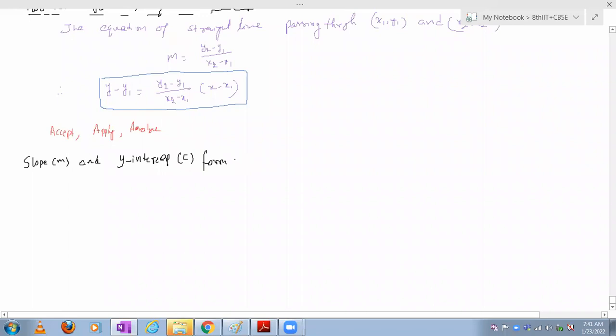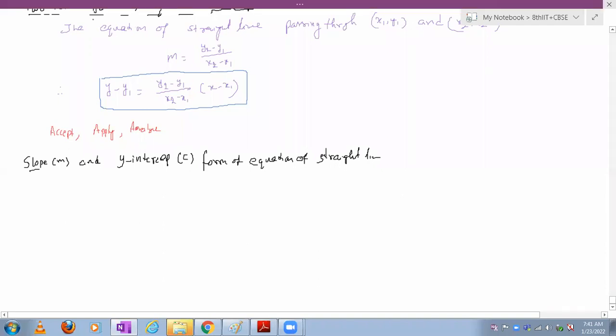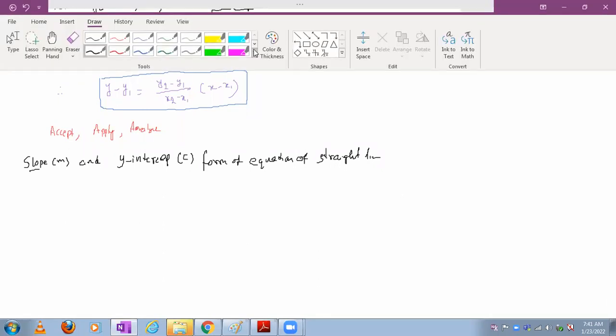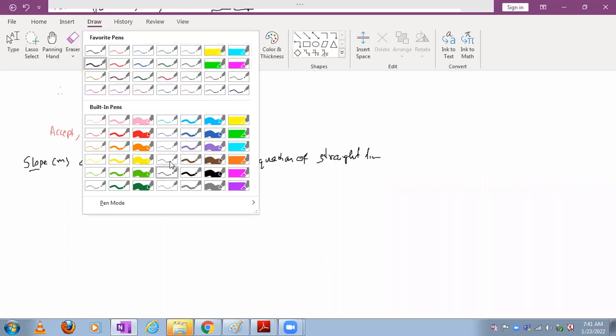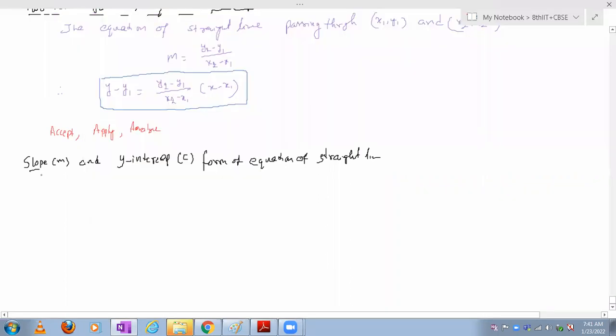Slope and y-intercept form of equation of straight line. First of all, what is slope and y-intercept form of equation? That we have to follow, right?